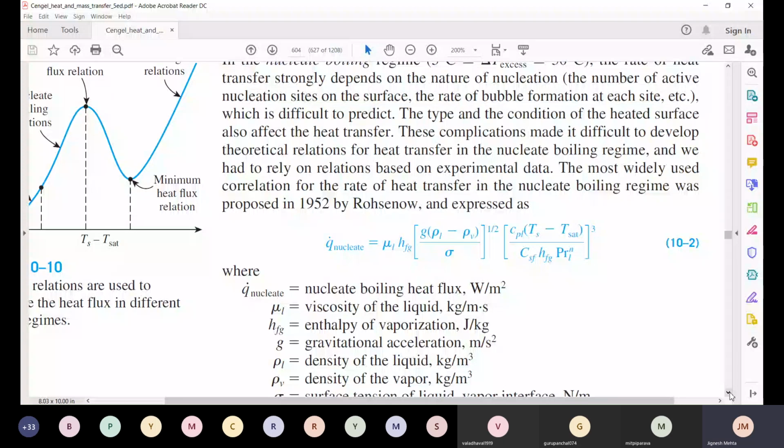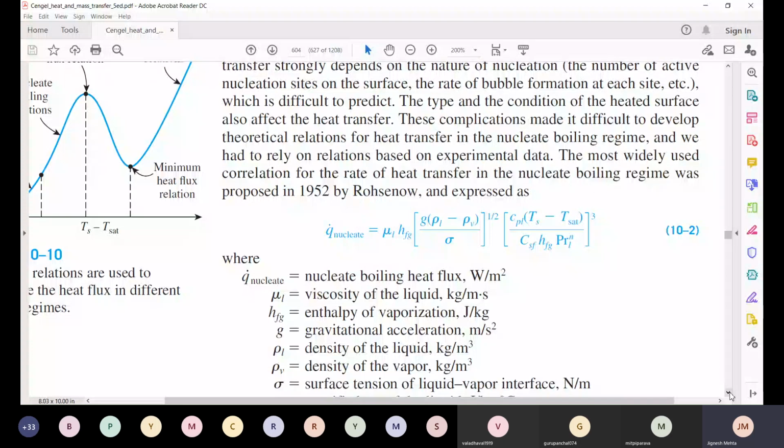So it is rather the heat flux. Okay, so you already have this Ts minus T saturated here. You would get the heat flux with the help of this equation or correlation. So what are the different terms which are seen in this correlation? And mind well, these correlations are not very accurate.